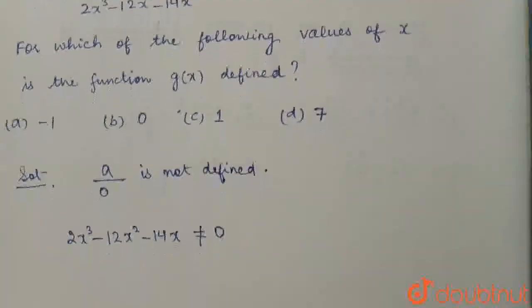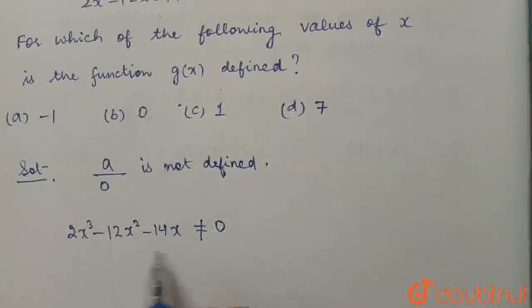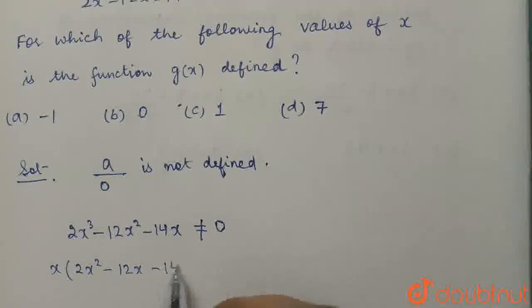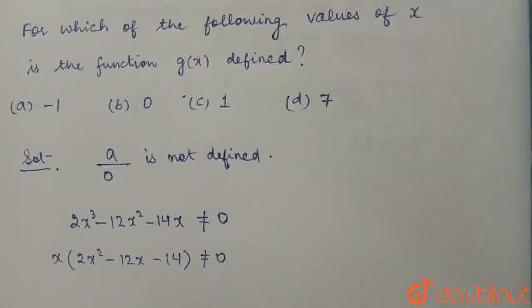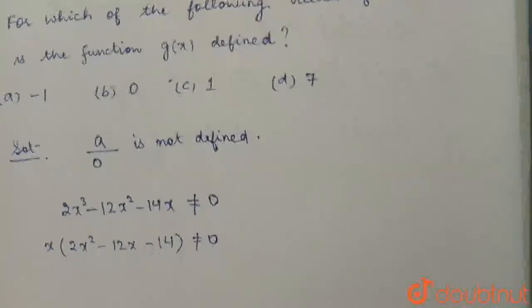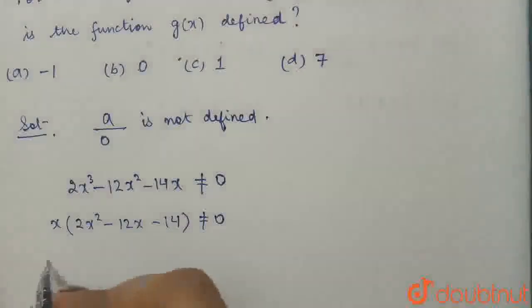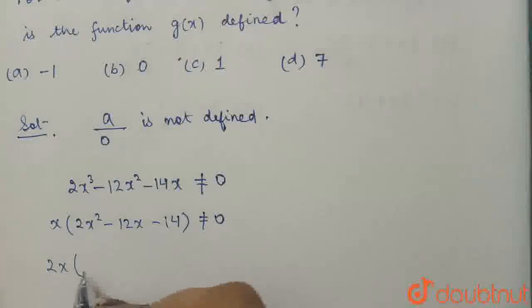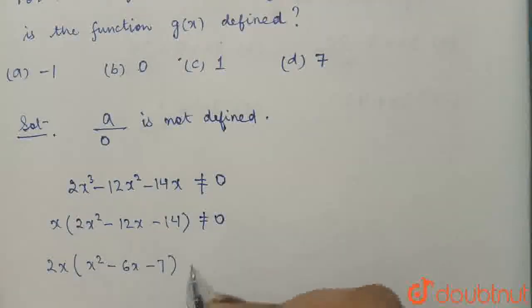So now, taking x common from this expression, we get x(2x square minus 12x minus 14) should not be equal to 0. And now we can also take 2 common from this expression. So we get 2x multiplied by (x square minus 6x minus 7) should not be equal to 0.